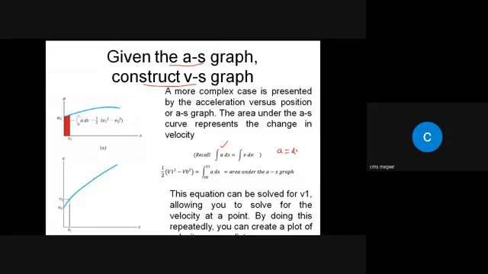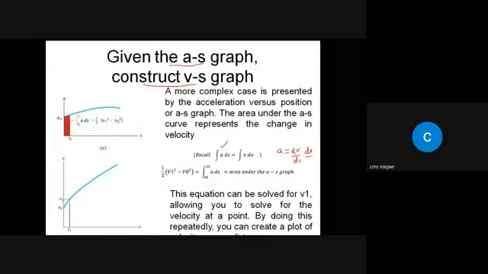Instead of dv by dt, we can write it this way: dv by ds into ds by dt.